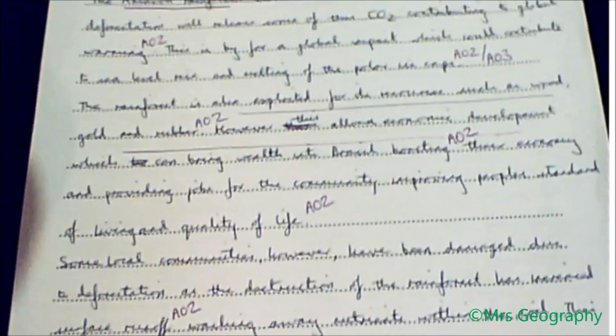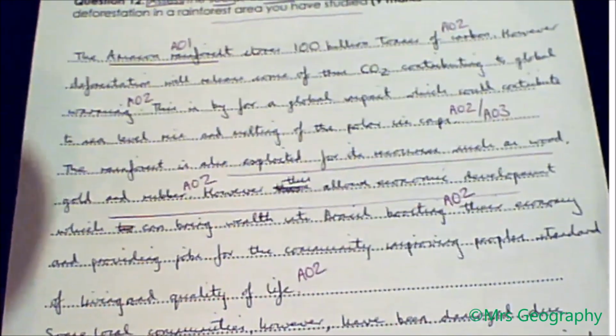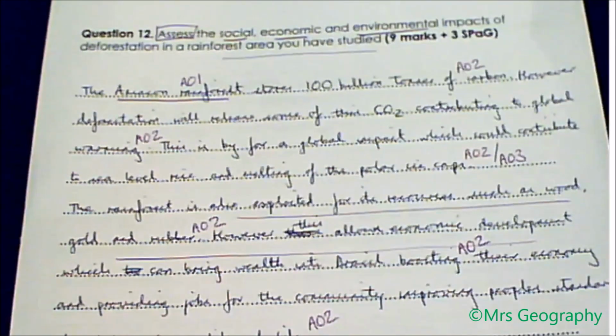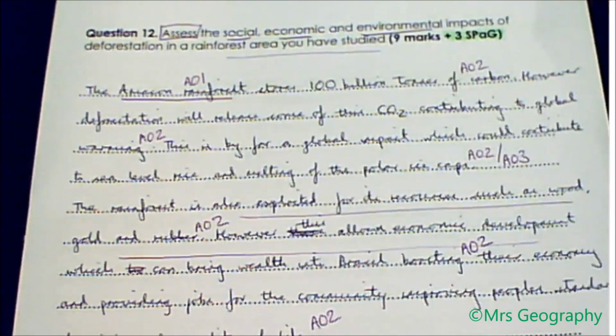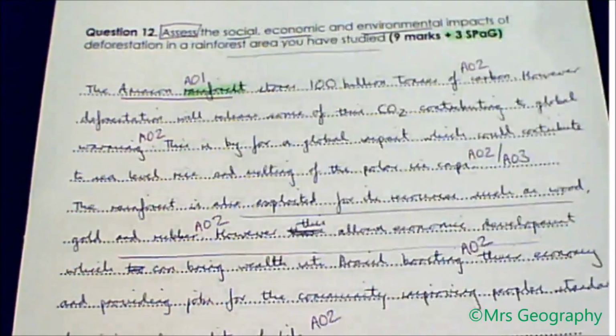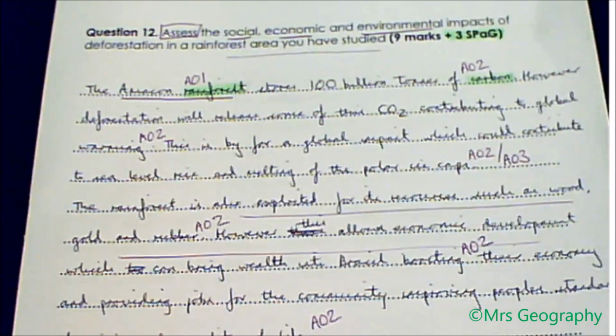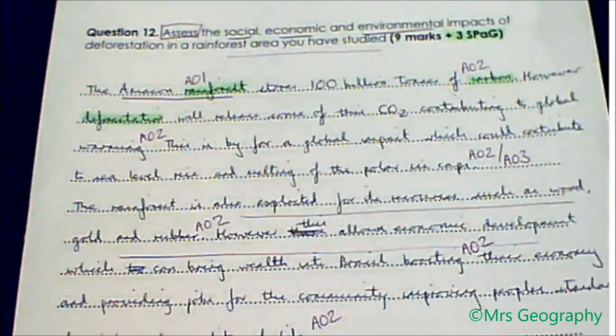Now if we go back up to question 12, because not only do you get 9 marks for question 12, you also get 3 marks for SPAG right here. Now, not only does it need to be well written, good punctuation, good grammar, it will also rely on key geographical words. So if we go through this question and highlight all the geographical words: rainforest, carbon, deforestation.